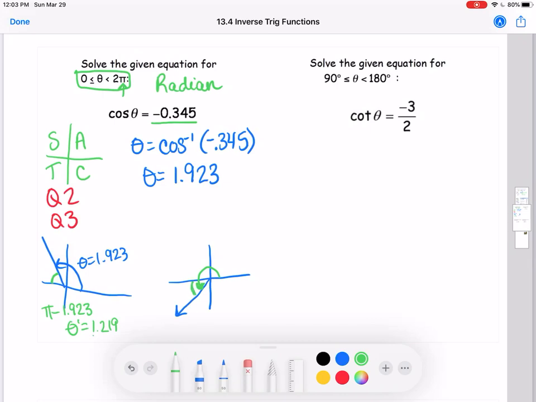So our whole angle there is going to be pi, to get all the way to pi, and then another 1.219. So pi plus 1.219. And our second answer will be 4.360. So we have our two answers, one in quadrant 2 and one in quadrant 3.